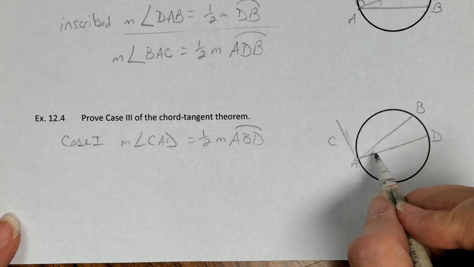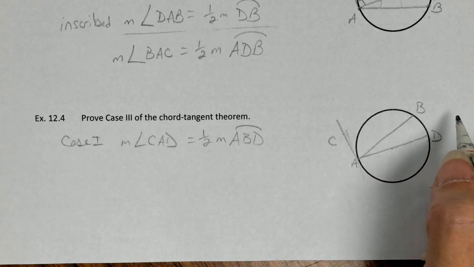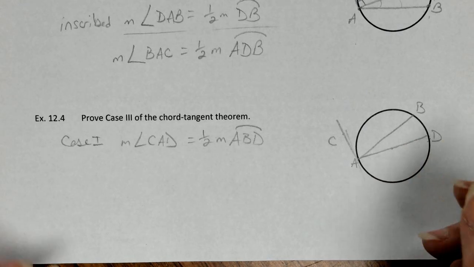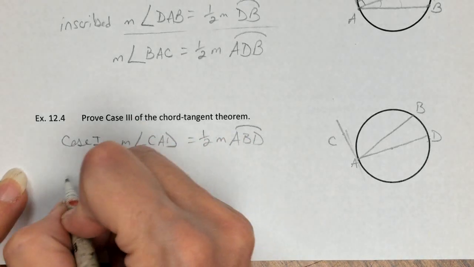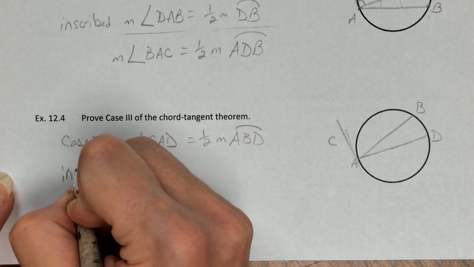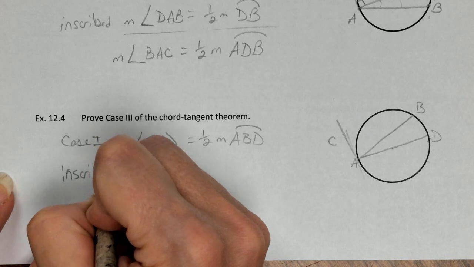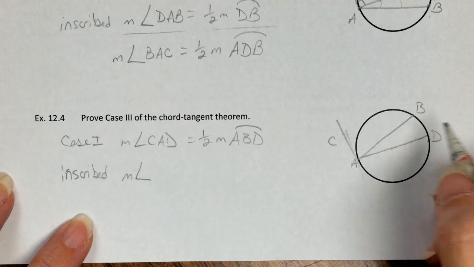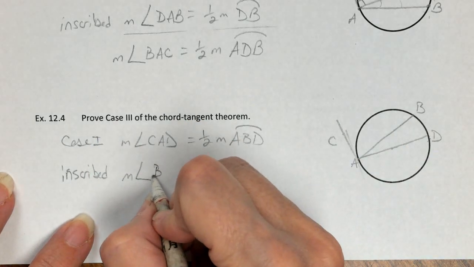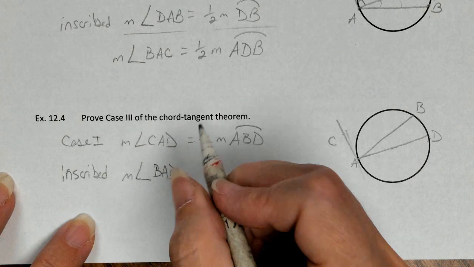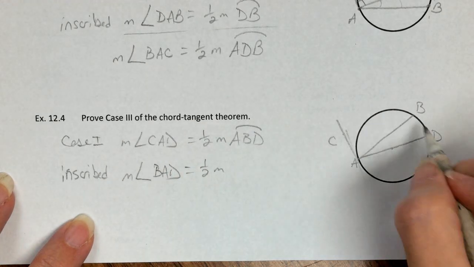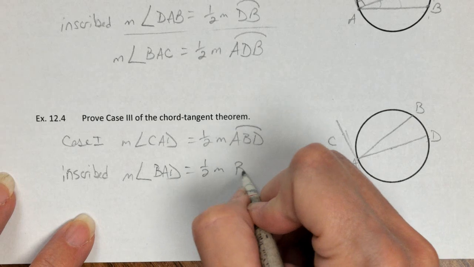And we already know that this inscribed angle is half of the arc. This sounds a little repetitive, doesn't it? Because it's inscribed, we know the measure of angle BAD is half the measure of the arc it intercepts, BD.